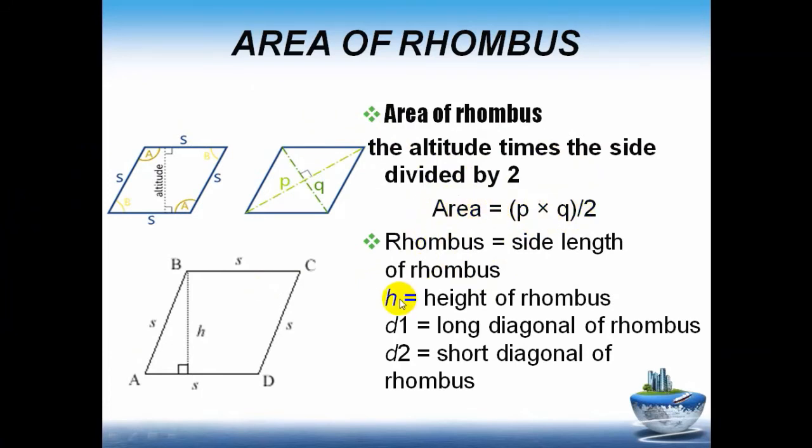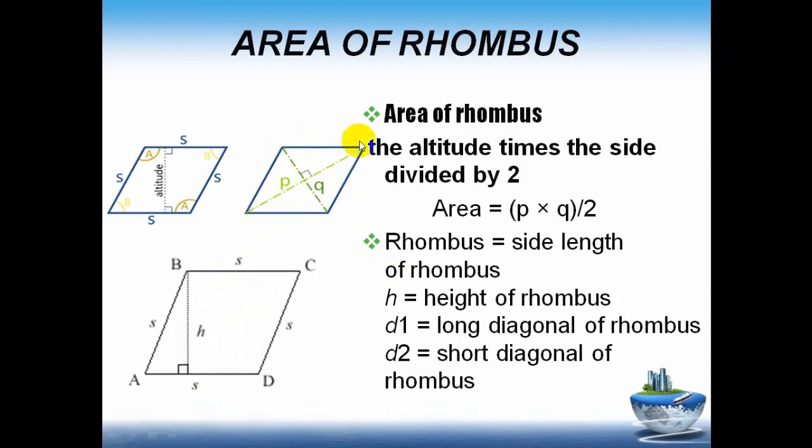Now H is the height of the rhombus. D1 or P is the long diagonal of the rhombus, and similarly D2 is the short diagonal of the rhombus. Suppose you see over here, this is the rhombus. This is the height of the rhombus, and P is the length of the long diagonal and Q is the length of the short diagonal.